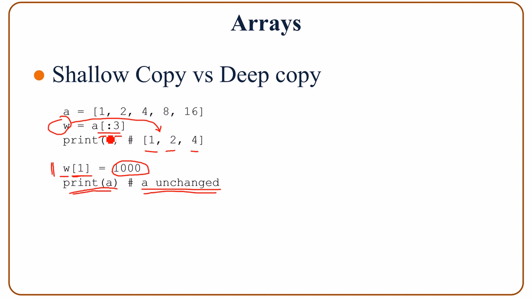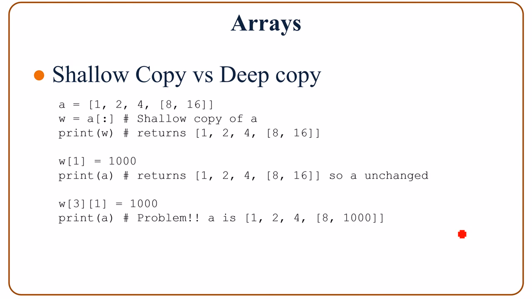So this is when you need to make a copy and then later on change the copy and still keep the original content. However, this only works when the content is one level of depth, like this.